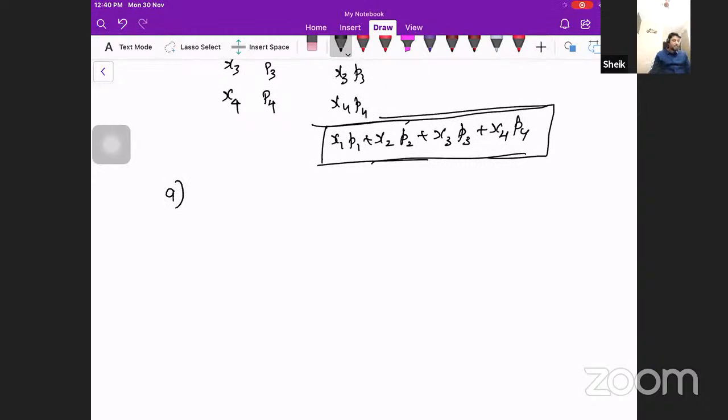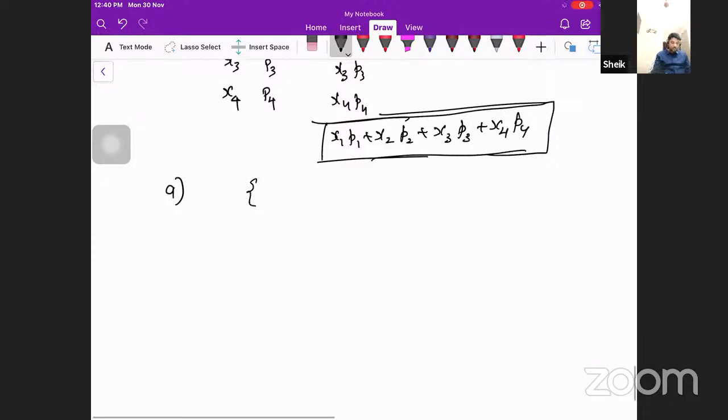Sum number 9 is: if an unbiased die is rolled once, the odds in favor of getting a point which is a multiple of 3 is... See, an unbiased die is rolled once. That means the outcomes are 1, 2, 3, 4, 5, 6.